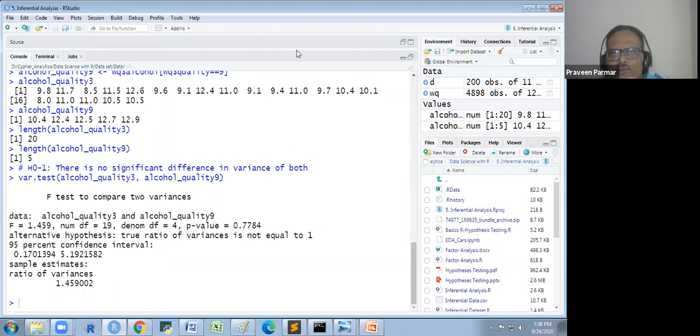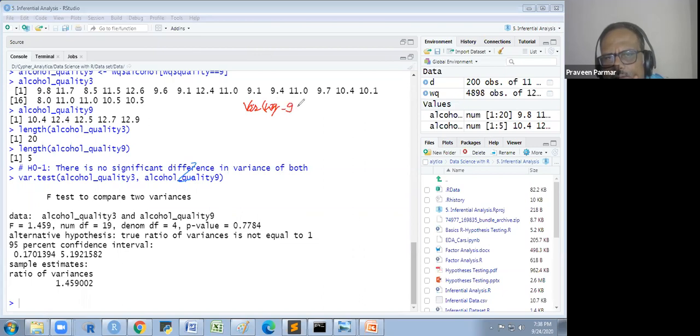I will explain this. It is the variance of wine quality 3 over the variance of wine quality 9.